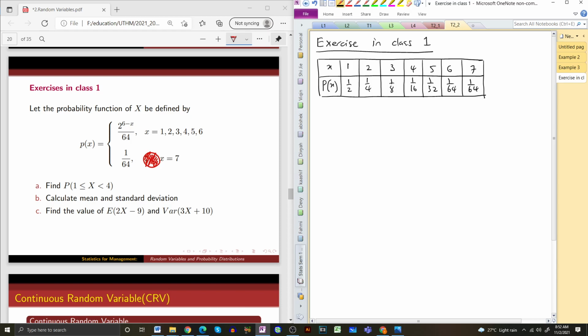If you put the PDF, the probability distribution, in a table, you will get it like this. If you put it in a table, it's much easier for you to find the answer.